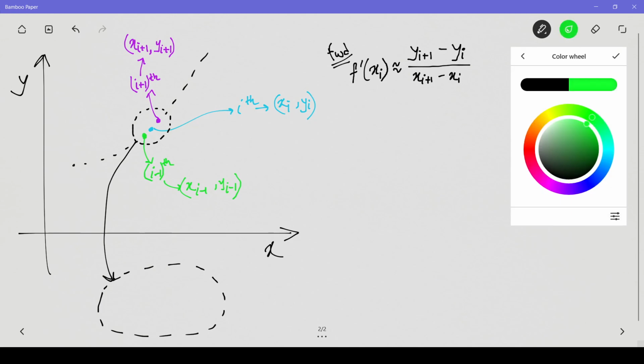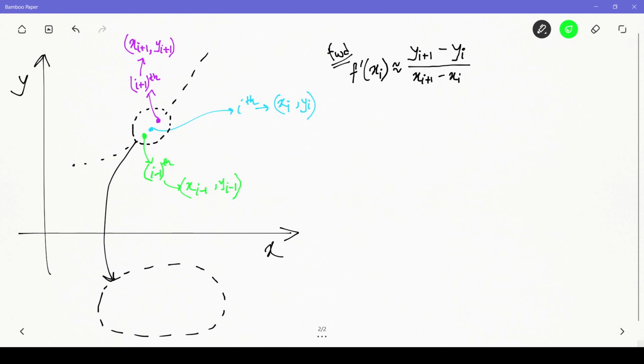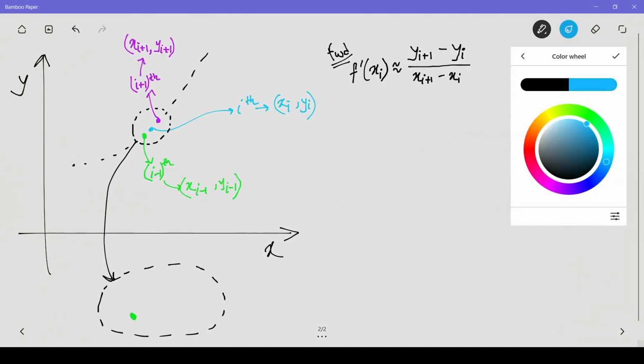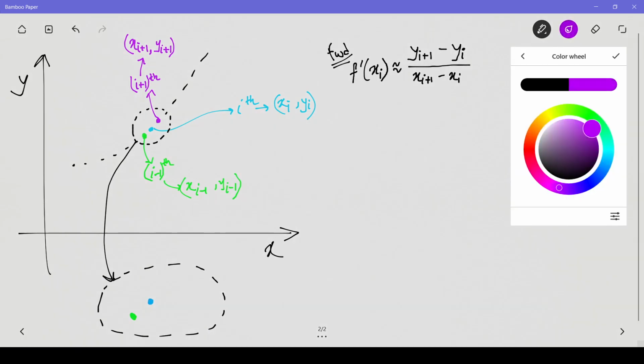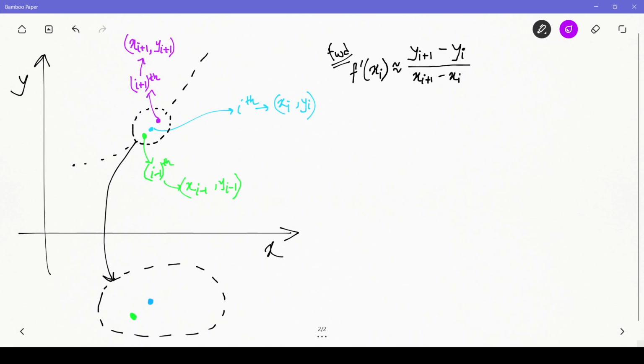Our first point, that's the i minus 1 point, let's say it's somewhere over here, and let's say the point in the middle, the ith point, is somewhere over here, and the point at the front of my ith point, the i plus 1th point, is somewhere over here. Okay, so this is of course my i plus 1th point, this is my ith point, and this is my i minus 1th point. We're just zooming in a bit in order to help our understanding.